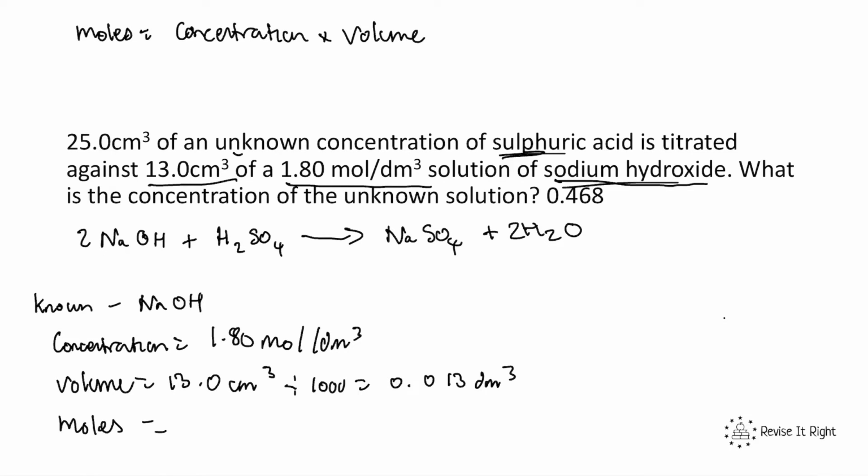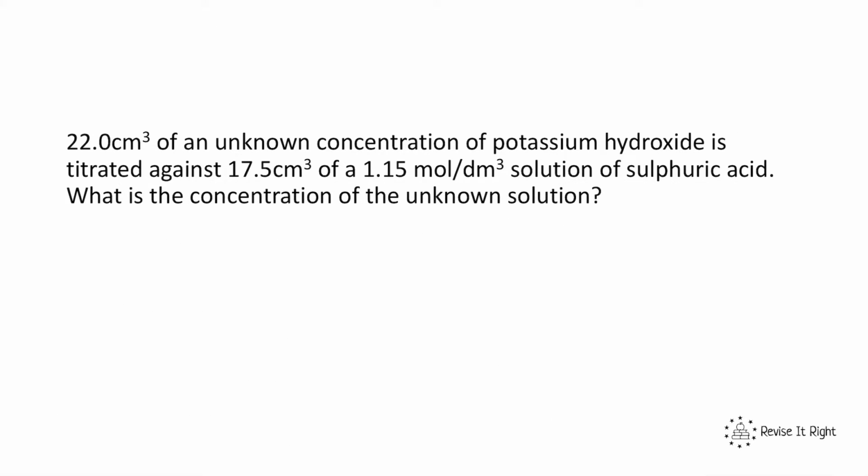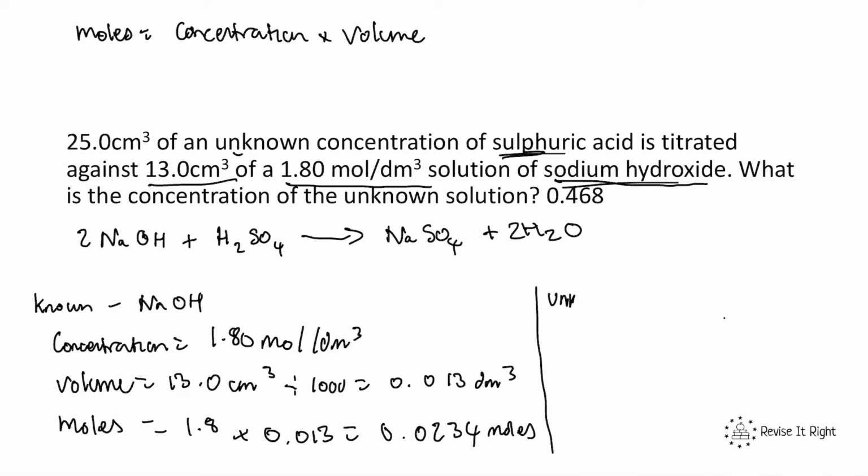So that means we can work out the moles because we have the concentration and the volume. So all we have to do is times them. To work out moles, we do concentration, which is 1.8, times volume, which is 0.013. And that is going to get us 0.0234 moles. Now what we need to do then is split our page and write our unknown.